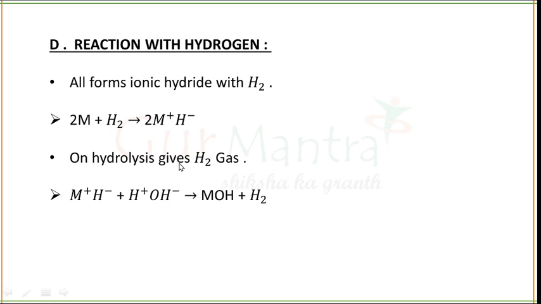On hydrolysis, when you hydrolyze this compound, you will recover the H2 gas, and the compound will form as MOH type. In place of M, you can put lithium, sodium, potassium, any metal of group 1.